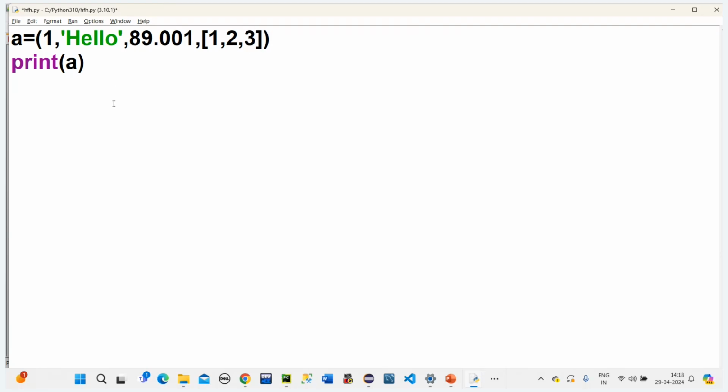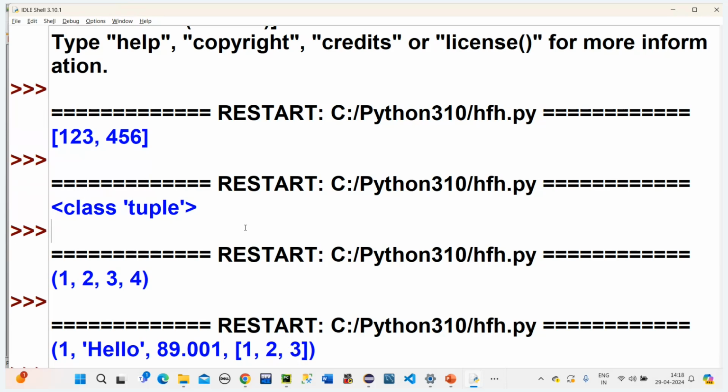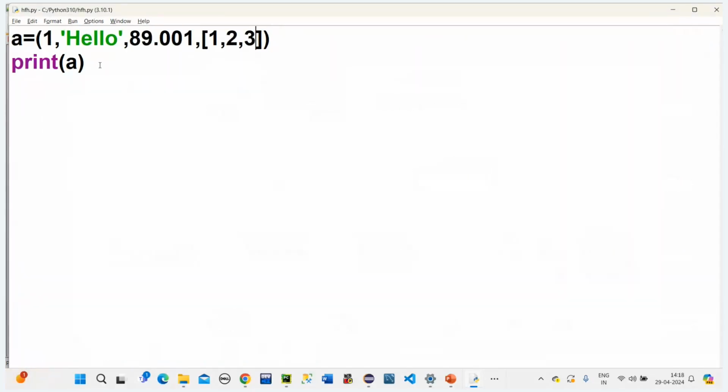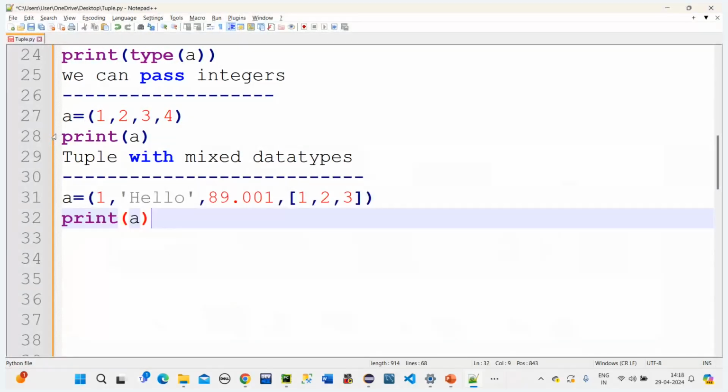Now let's see whether it is working or not. Is it working with the mixed data types? Yes, guys. So with the mixed data type it is also working. So this is how we create a tuple.